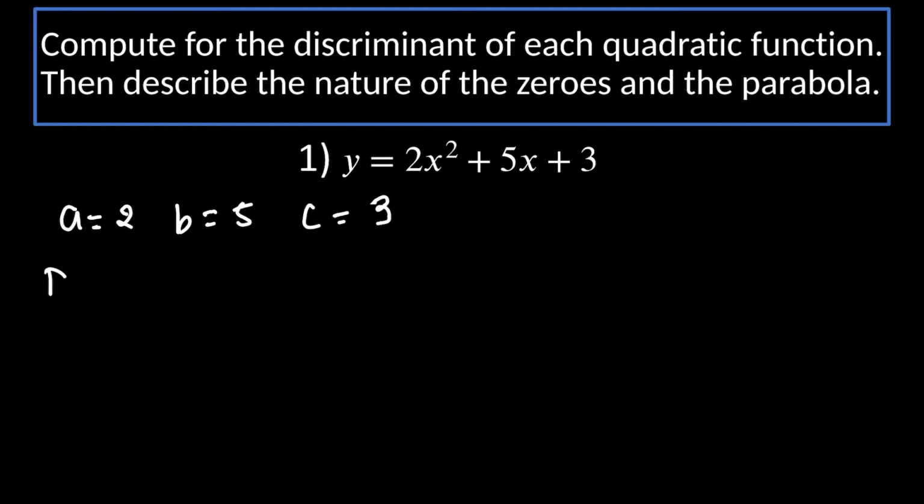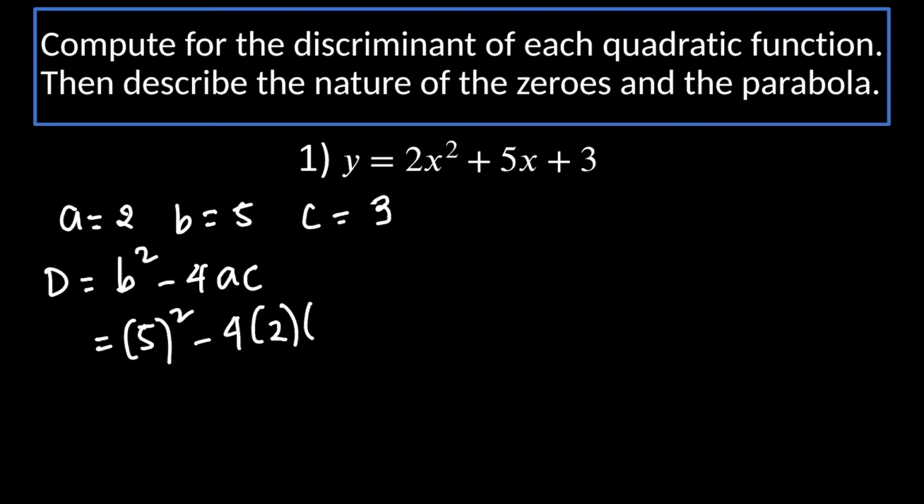We have the discriminant, which is equal to b squared minus 4ac. Substituting these values, b is 5, so we have 5 squared minus 4 times a, which is 2, times c, which is 3. This will give us 25 minus 4 times 2 is 8, times 3 is 24.